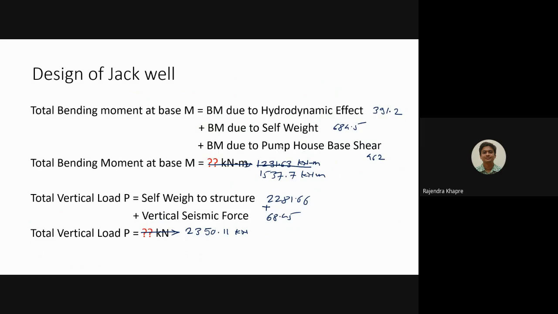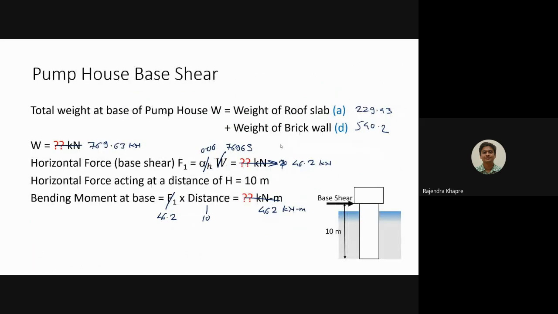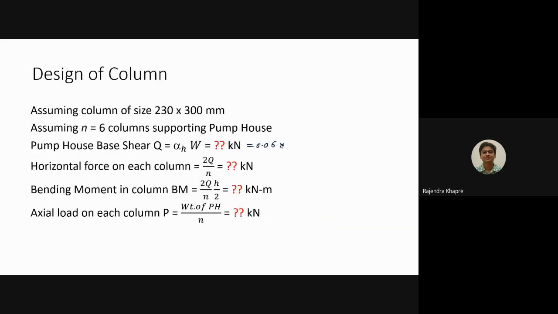Also here, if you remember, we have calculated the weight of the pump house W as the weight of roof slab plus weight of brick wall. These are the preliminary things which we have considered, and the value of this W was 769.63.